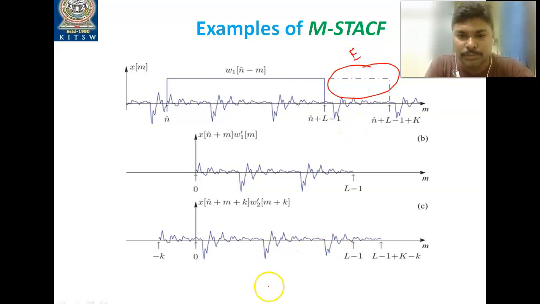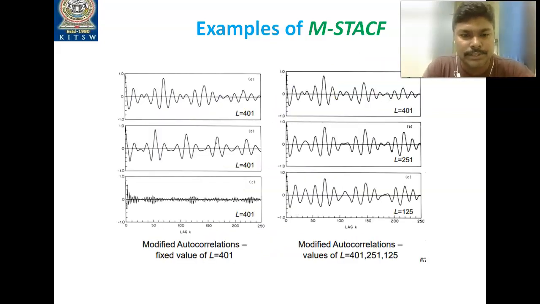Ultimately we will see how we calculate each and every short-term autocorrelation function by applying the rectangular window to it. By putting all the points onto the plot, and taking the value of L equal to 401, this is the waveform that you will see if you use a rectangular window.